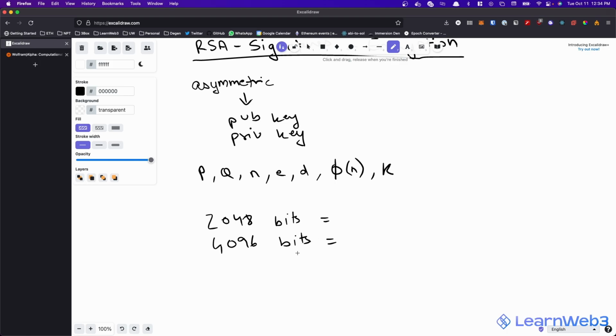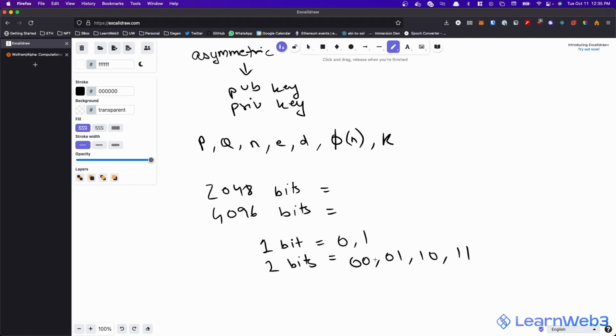For example, if you only have 1 bit, then you can only represent two numbers, 0 or 1. But if you have 2 bits, you can now represent 4 numbers, right? You can represent 00, 01, 10, and 11, which is 0, 1, 2, and 3. So the more bits you add, the faster it grows.